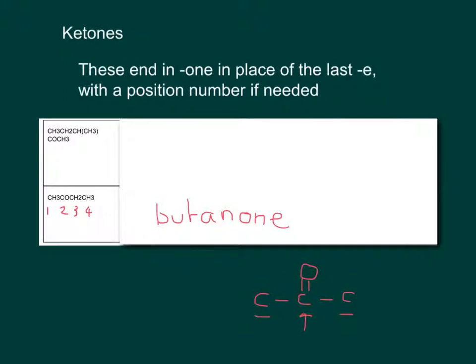How about that top one? Well, it is a little bit trickier. So how can I do it? How many carbons do I have there? So 1, 2, 3, 4, 5 carbons there. Remembering again, it has a side chain coming off.